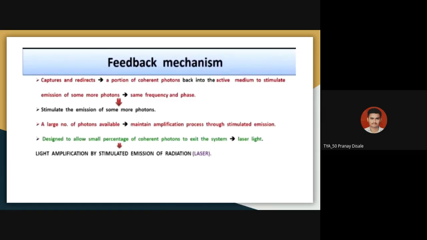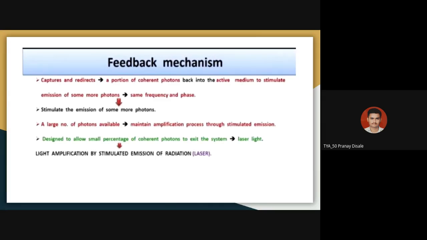The atoms that came to the higher level will spontaneously return to the ground state, or with the help of some intermediate energy level, means step by step.